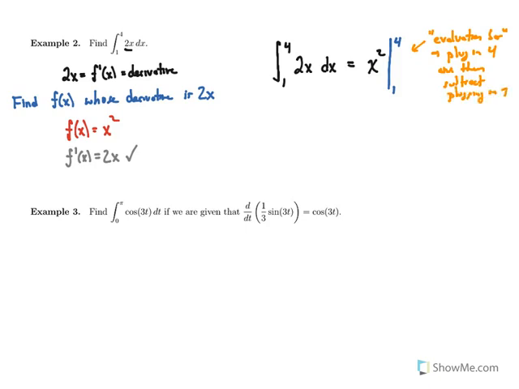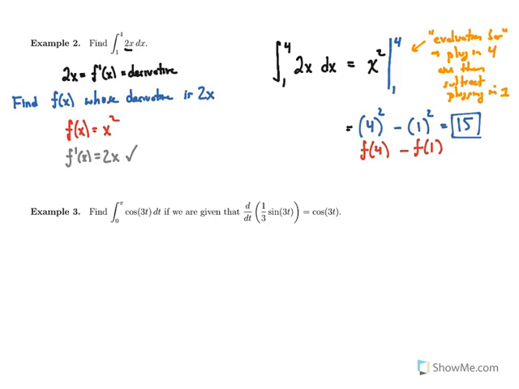And it's an intermediate step that allows us to organize our information. So this step tells us to plug in 4 into that function, 4 squared, and then subtract off plugging in 1 into that function. Note that that is f of 4 minus f of 1. That's going to be 16 minus 1, which is 15. And that is the answer to this integral.